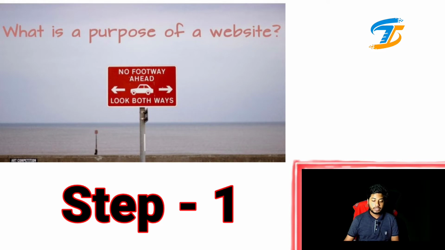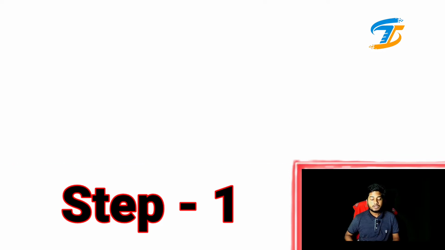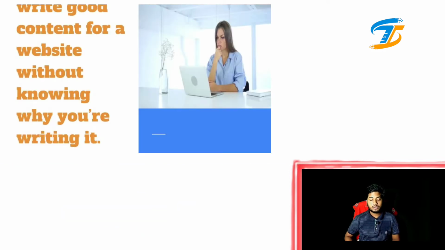Step 1. Determine the purpose of the web content. You cannot write good content for a website without knowing why you are writing it. Is the website content selling a product?